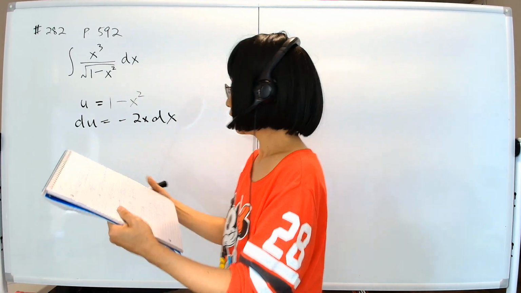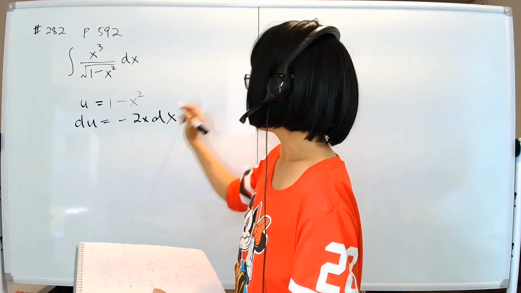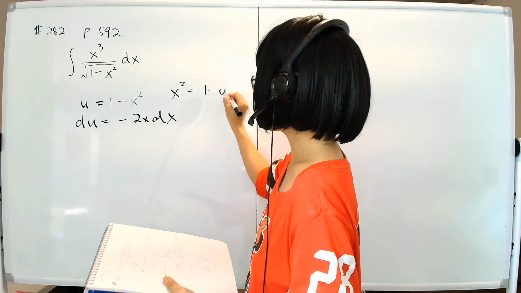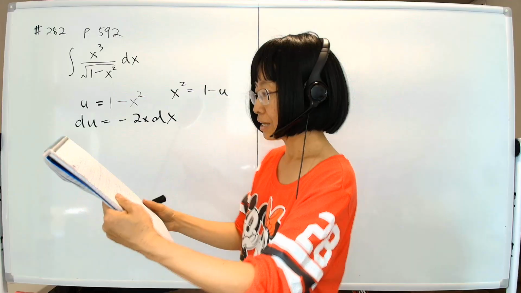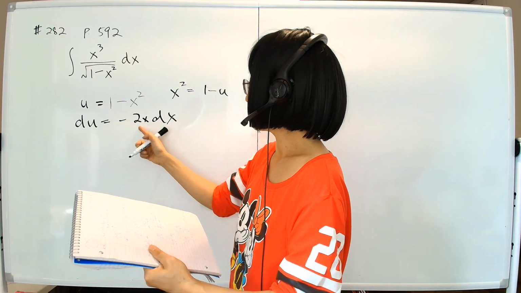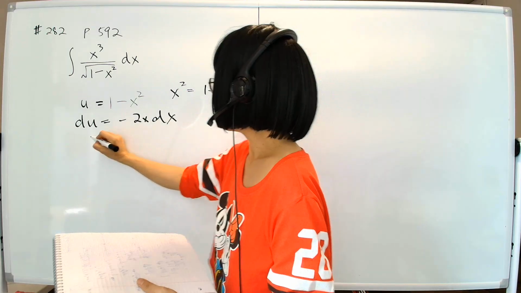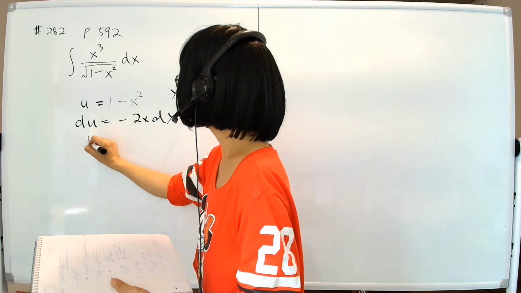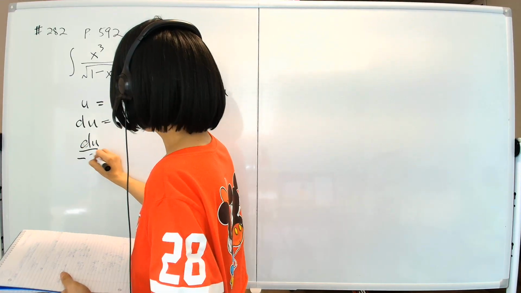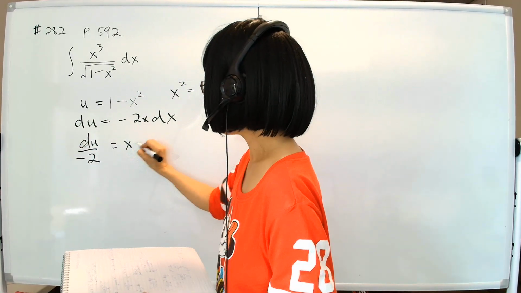All right, and another thing is x squared then equals 1 minus u, right? So that's how it works out. And from that, we'll get rid of the negative 2, so du divided by negative 2 equals x dx.